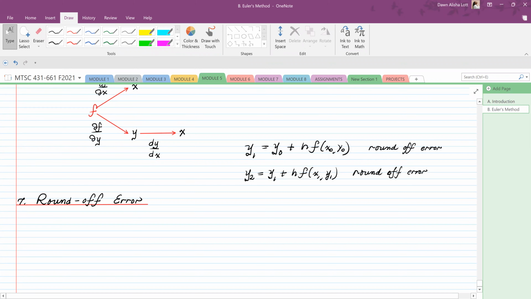Okay, so round off error must be considered when choosing your step size h.